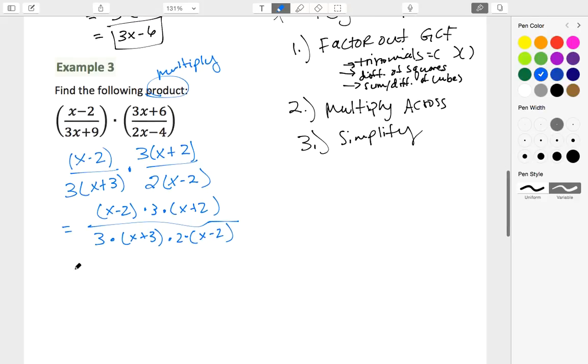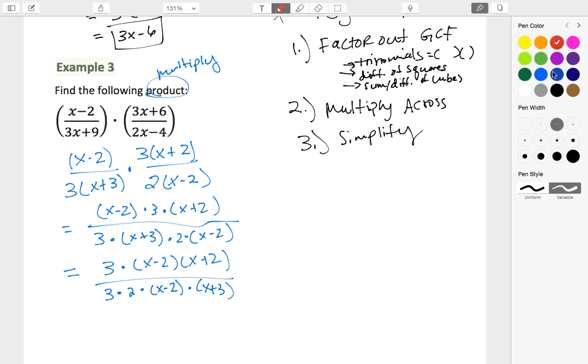Now I'm going to apply my commutative property one more time to rearrange my factors, to see if I can apply the property of 1. So I have 3 times x minus 2 times x plus 2. I'm going to line a few things up here. So I have 3 times 2 times x minus 2 times x plus 3.